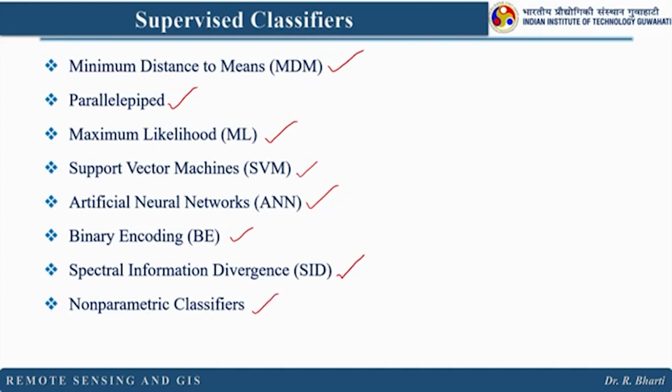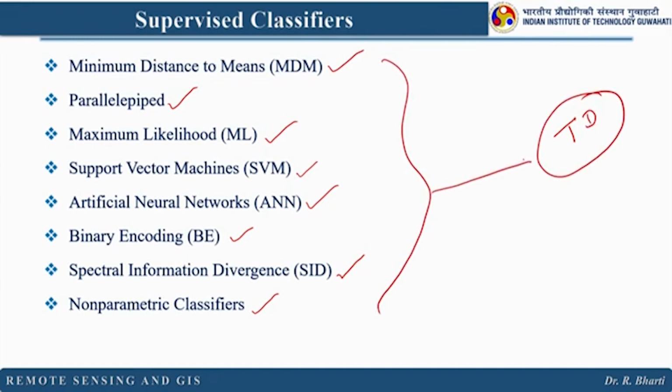So these are basically used in supervised classification, but in that case training data is always required for any of them, right? You need to provide training data. Without that, this method is not going to work, right? Because this is supervised classification.